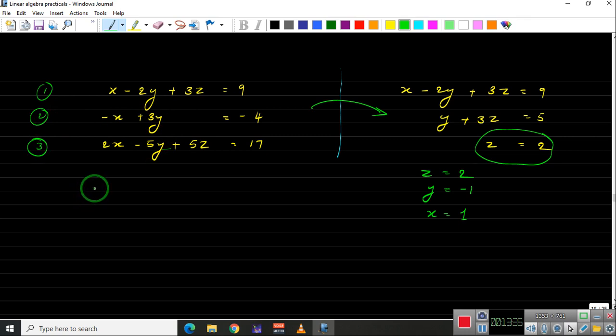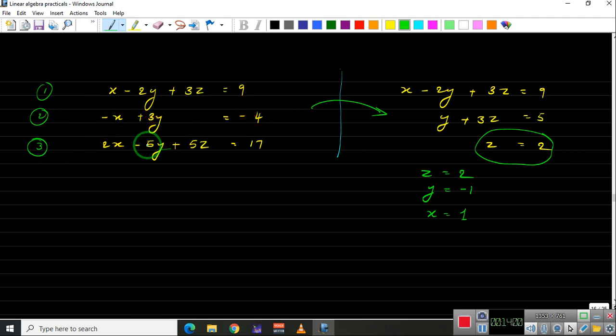And if you relate this to our elementary row operations, we said the first row operation is interchange of two rows. So interchanging any two equations does not change the solution set. Again, if you multiply this equation by say 5, you multiply 5 here and 5 here, still you have the same system because you are balancing it.